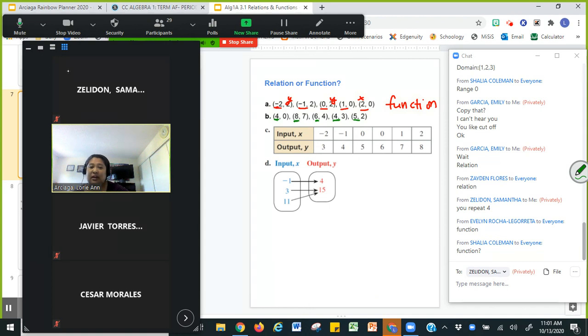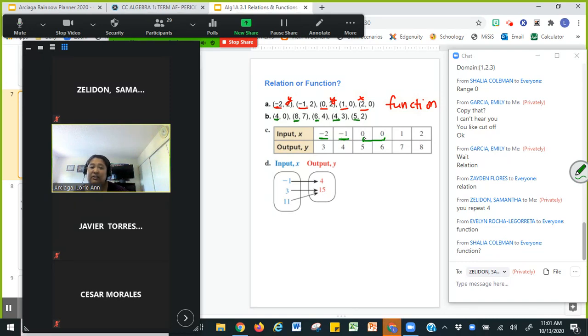Okay, let's analyze if it's a function or a relation. -2 did not repeat. -1 did not repeat as an x. Oh, look at this. 0 appeared twice as an x. And one violation ruins it for all.